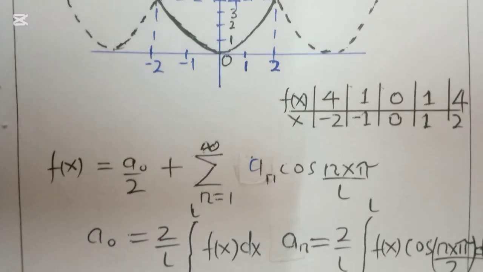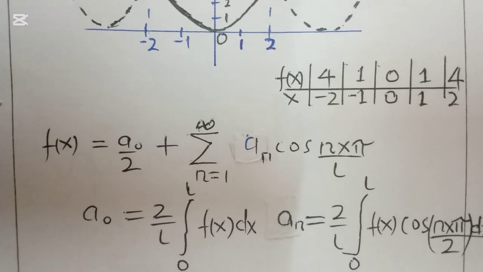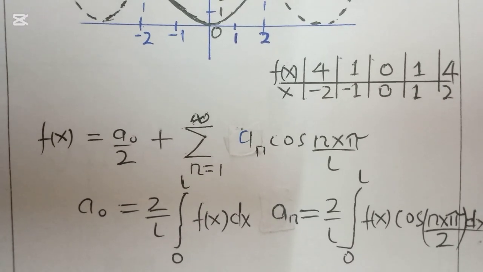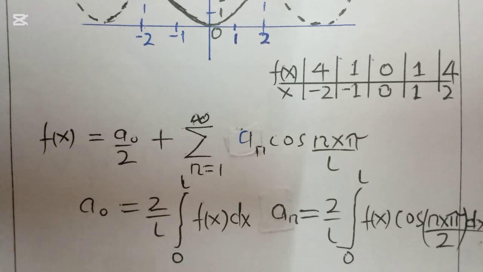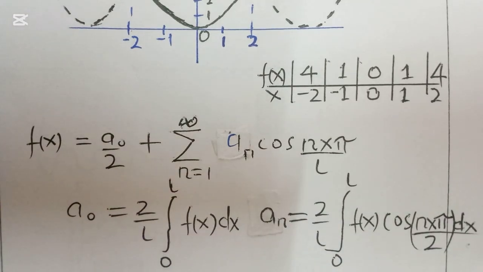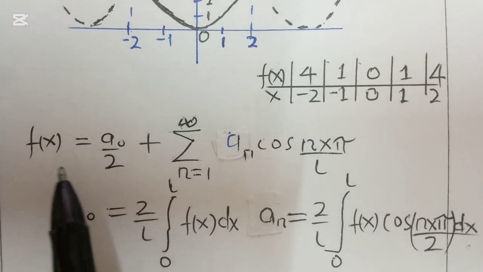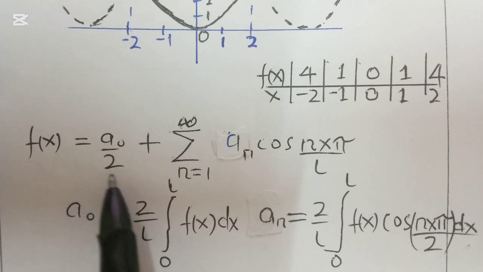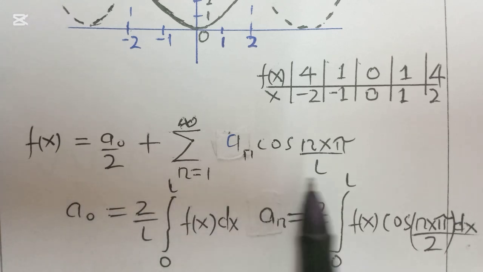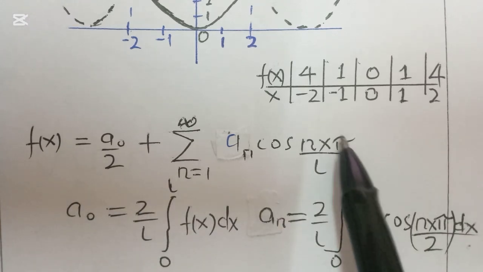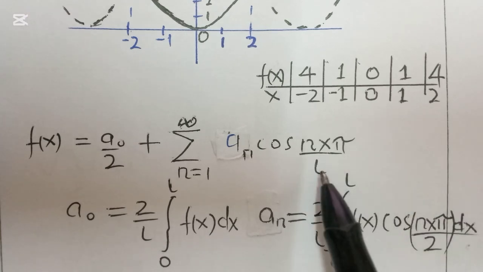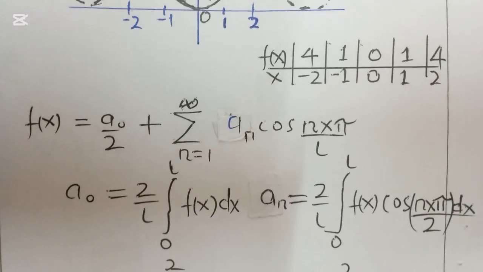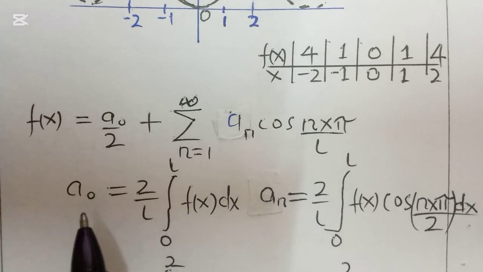Secondly, guys, now you come to the equations that we need to use. For the first one, for the series, you have this equation, and as you can see here, this is n pi x all over L. I'll show you how it comes about, but before that, we go to a0.